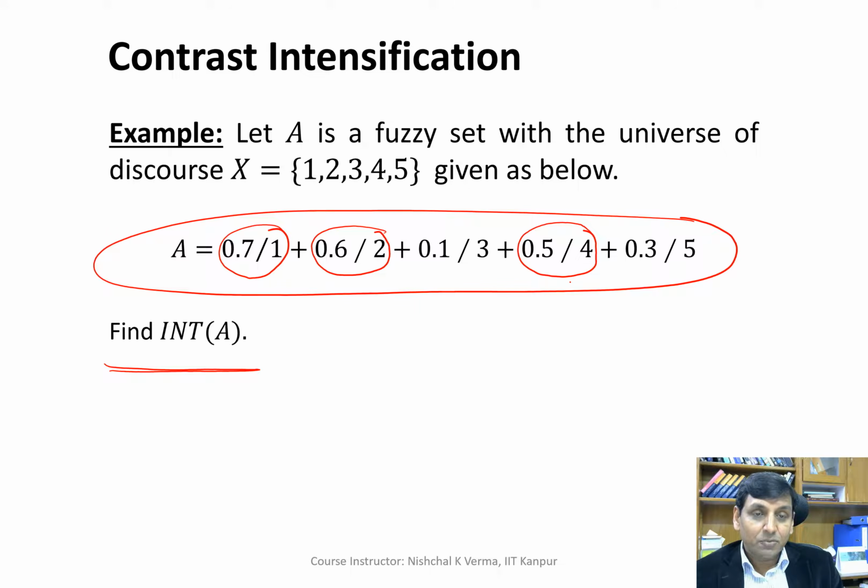Now the question comes which expression we should apply, because both expressions are applicable. Whatever expression we apply, both are going to give the same result, because both are applicable for 0.5 as the membership value.